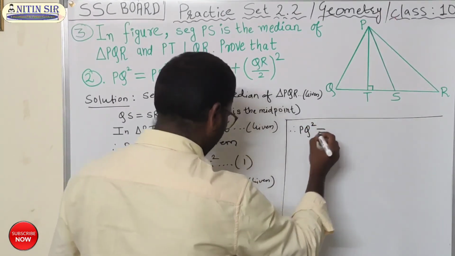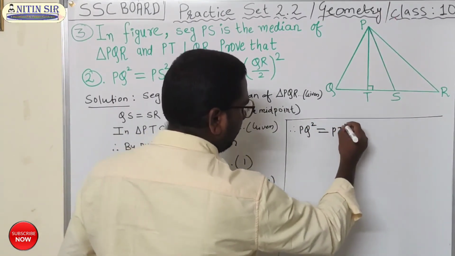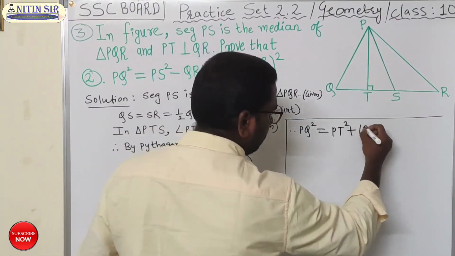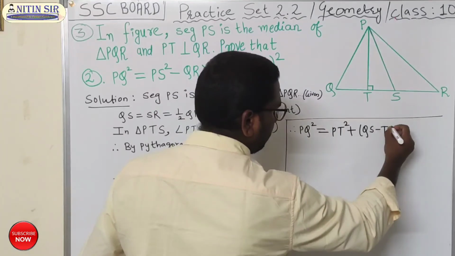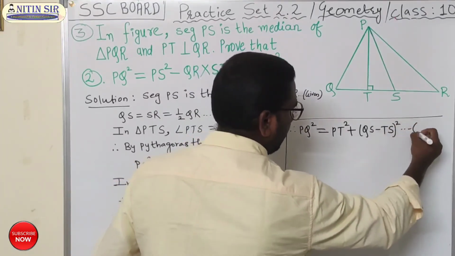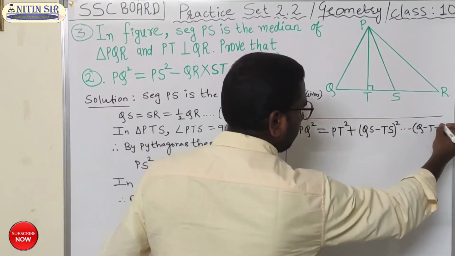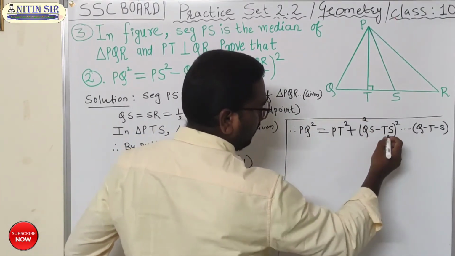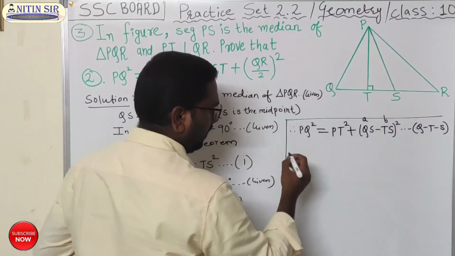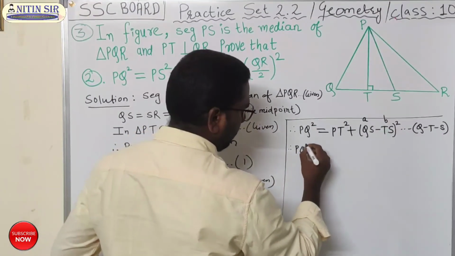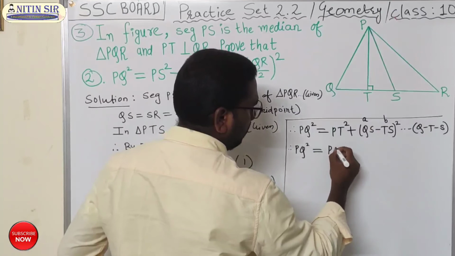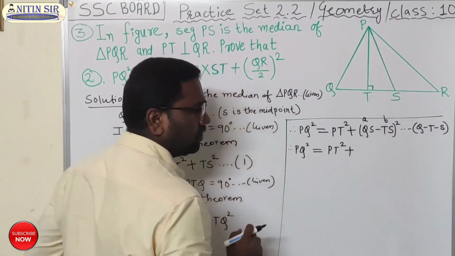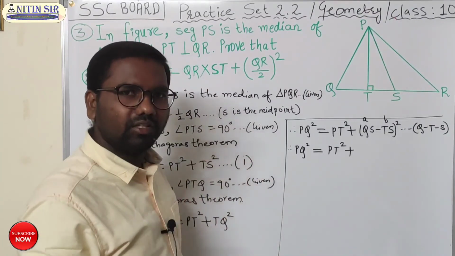So PQ square is equal to PT square plus QS minus TS whole square. Why? Because they are in A minus B form. So QS will become A, TS will become B. Therefore PQ square is equal to PT square will remain as it is plus A minus B whole square, A square minus 2AB plus B square.